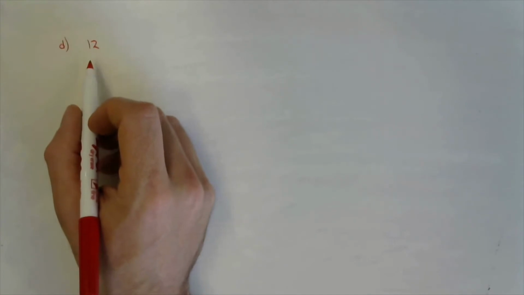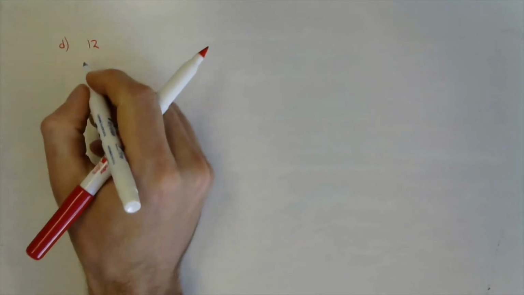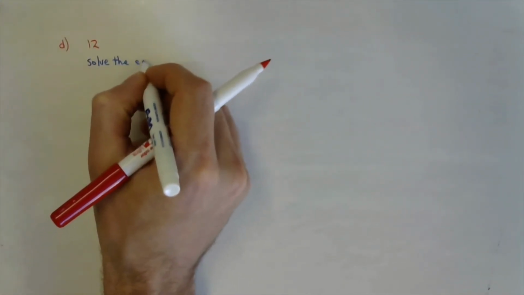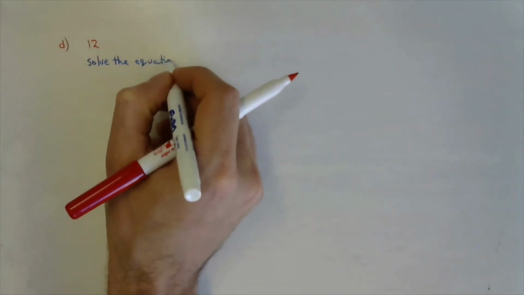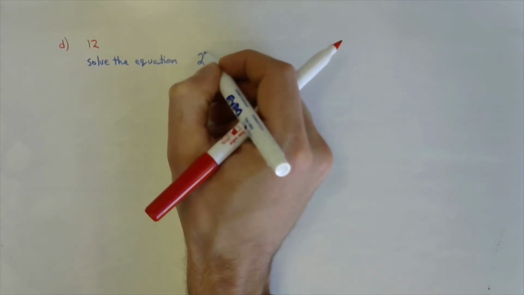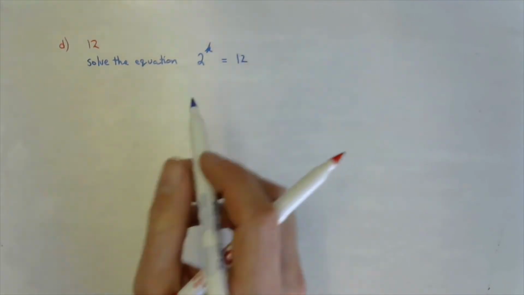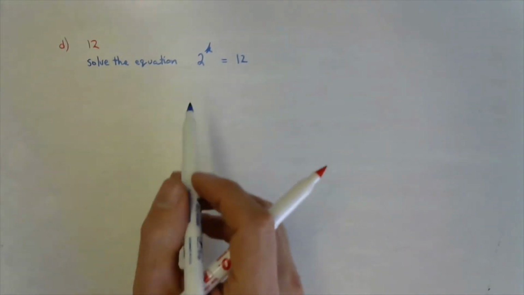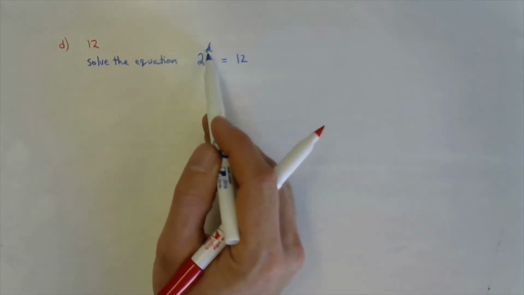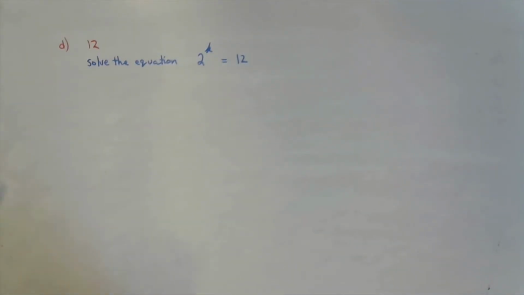So what we actually need to do is solve the equation 2 to the power of k equals 12. That's what we're looking for, right? We want to express 12 as a power with a base of 2. So let's just make up the exponent. We'll call it k for now. And now our goal is to solve this.